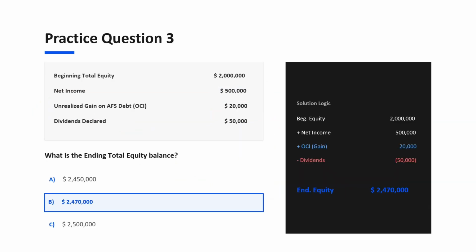Okay, so we have another question here, and this time it is asking us what the ending equity balance is. Whenever we see an equity question, which is a balance sheet question, think of the parallel similarities between net income and other comprehensive income. We have an income statement, and in the end we calculate our net income, and in the balance sheet it goes to retained earnings.